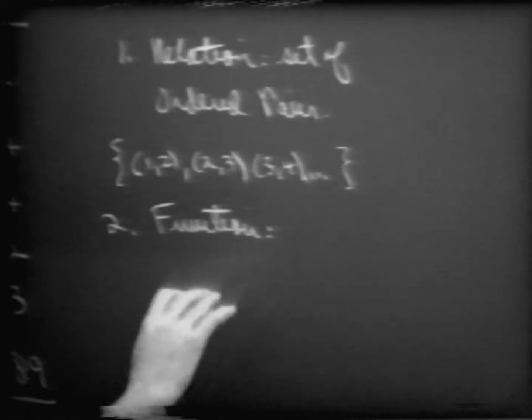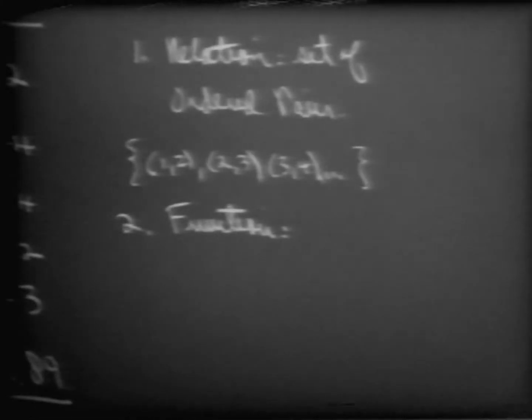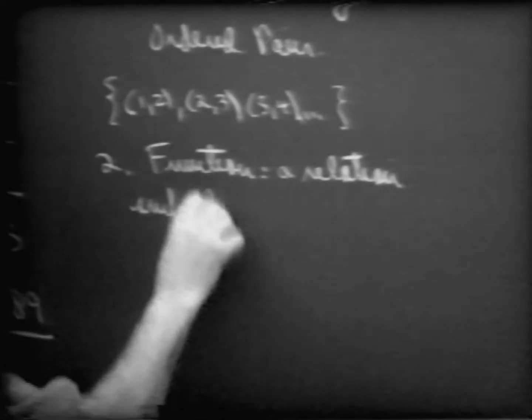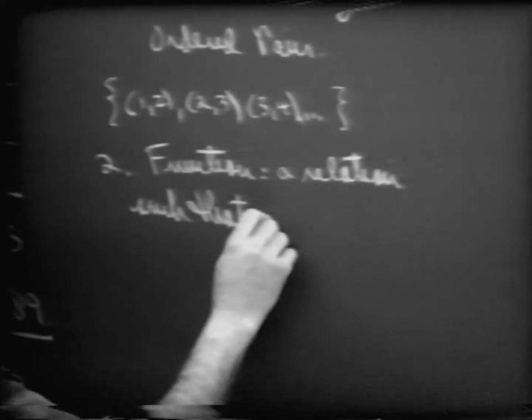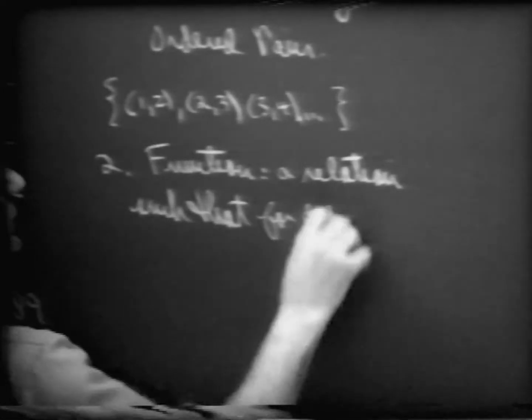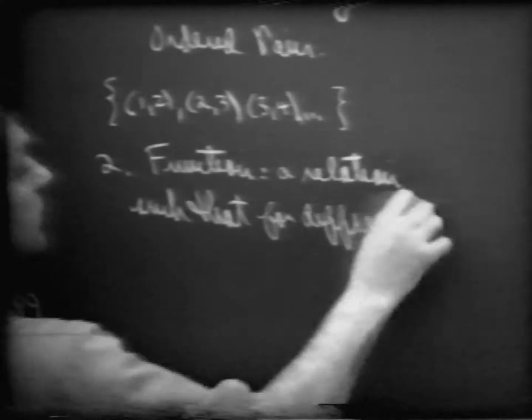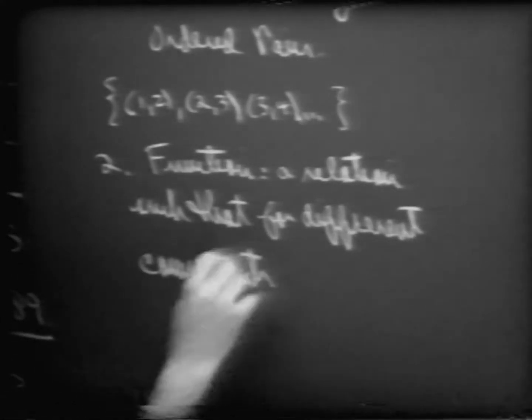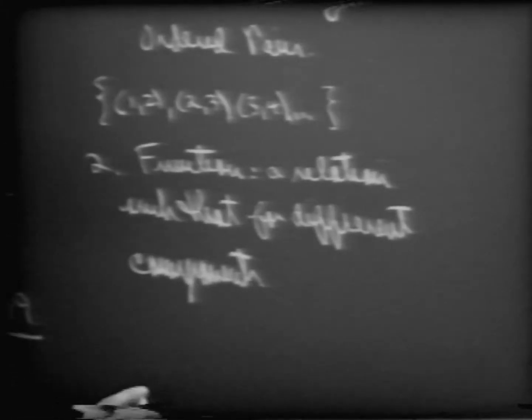And what then did we say that a function was? A relation with different first components. A function is a relation such that for different components, what is our conclusion? For two different elements in the set, what then can we say about those elements?